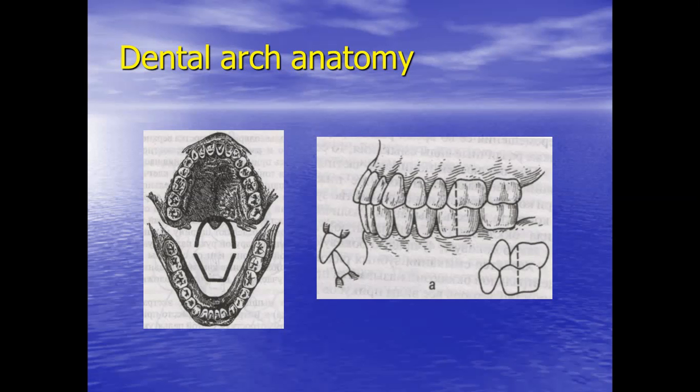So the dentist of the kind that you are listening to, a prosthodontist, starts the examination of the oral cavity from the teeth. We look for teeth, then we look for dental arches or tooth rows, then we check occlusion. Only after this do we examine the periodontium and also soft tissues.